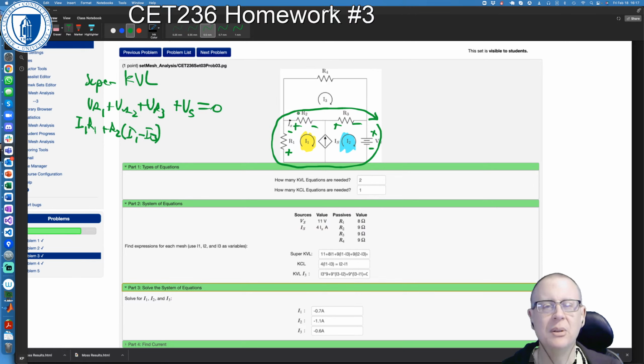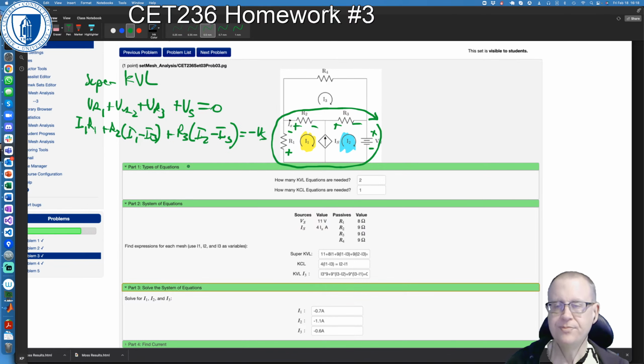Right, I3 is going in the opposite direction to I1 through R2. And then VR3 is going to be R3 times I2, also minus I3. And then the voltage source is, well, we can just put that on the other side.